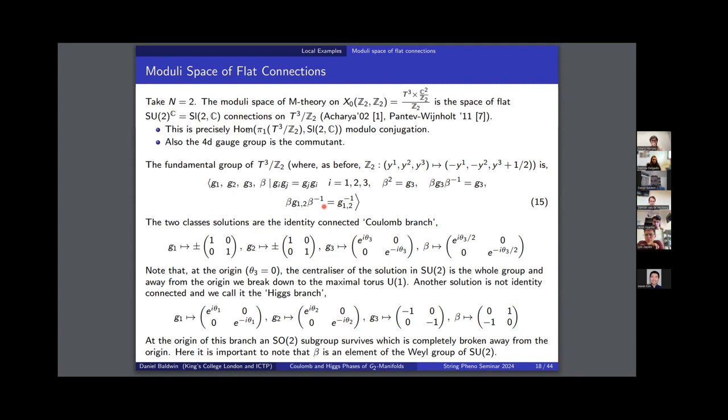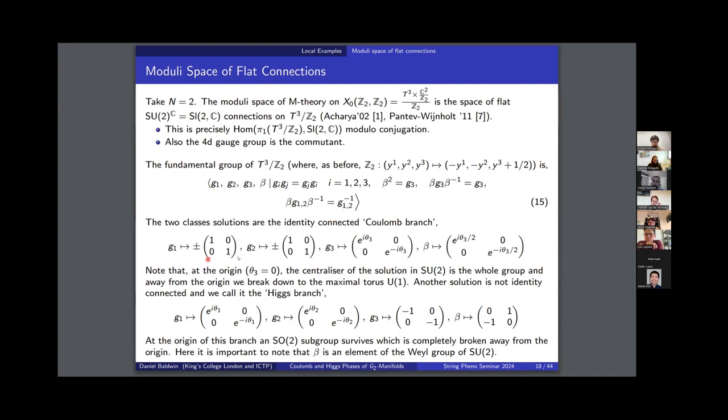So let's compute this moduli space first. The fundamental group of T3 mod Z2 is given here in equation 15. It's got 4 generators, and we want to look at how many ways we can map these into SL2C matrices that satisfy these same conditions. One possibility is this identity connected branch.